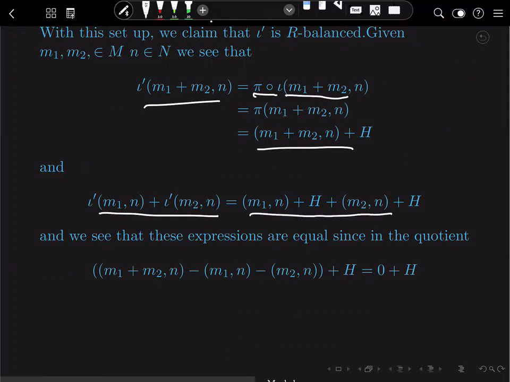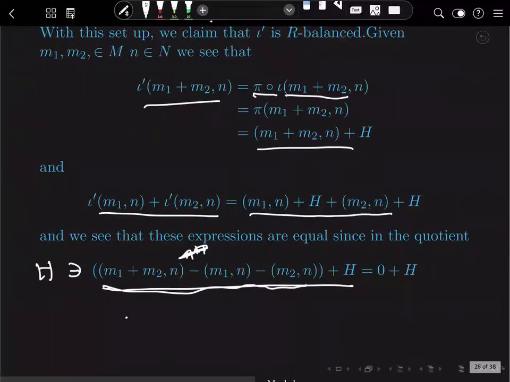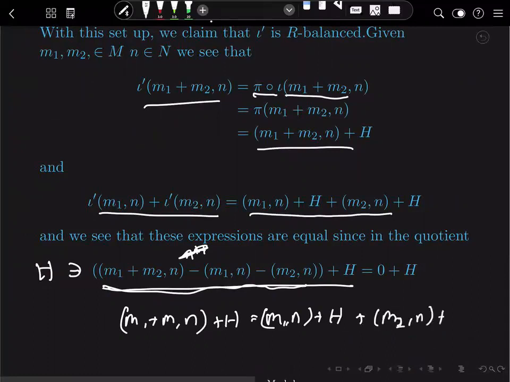We know that they're equal because in the quotient, M1 plus M2 comma N minus M1 N minus M2 N is one of the generators of H, so this is in H. We know that that's set to 0, which gives us that M1 plus M2 comma N plus H is equal to M1 N plus H plus M2 N plus H, right?